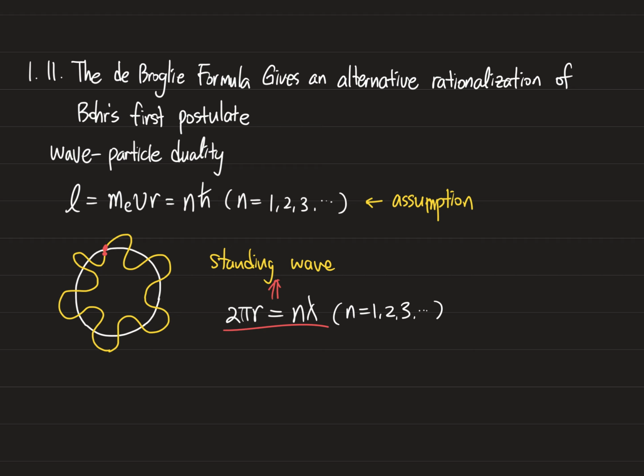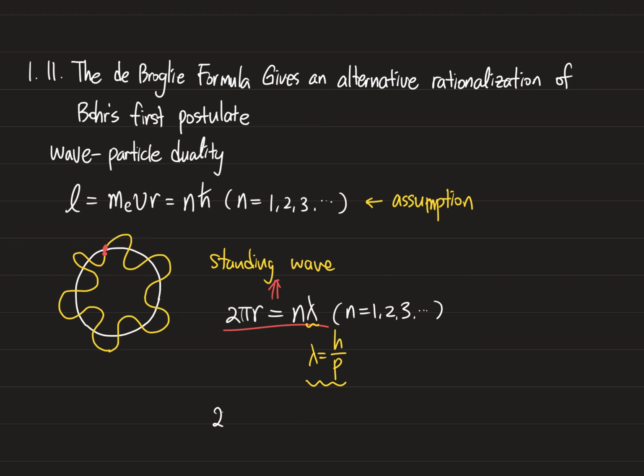And now we can simply substitute de Broglie's relation into this condition. So instead of lambda, we are going to put de Broglie's matter wave.